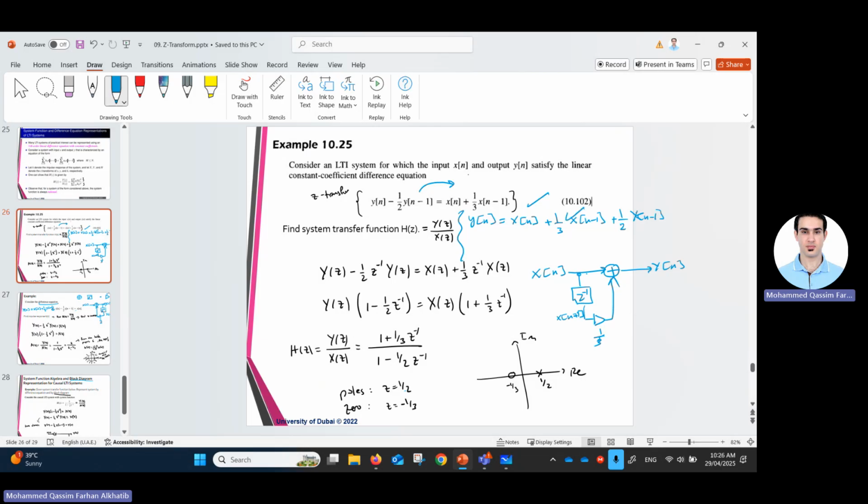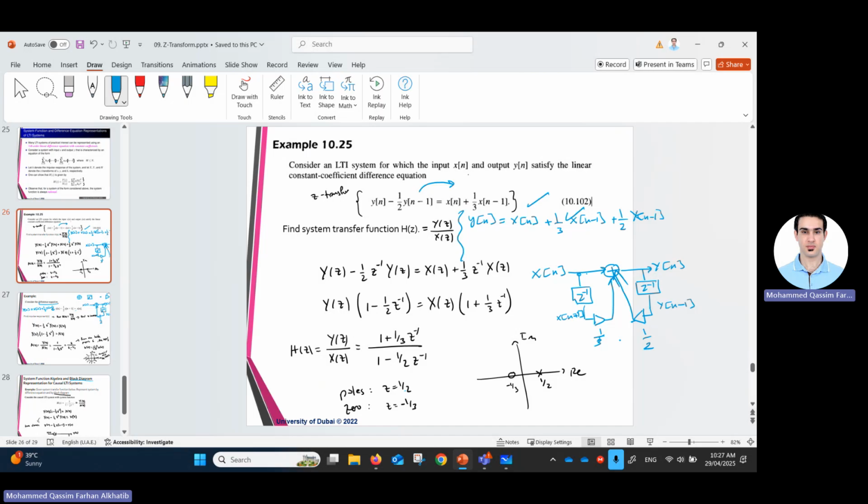I will have 1 over 2 y of n minus 1. Again, we have a delay. In this case, it's going to be y of n minus 1. Scale by 1 over 2. Then that's going to be your other input there. So this is the block diagram of this difference equation.